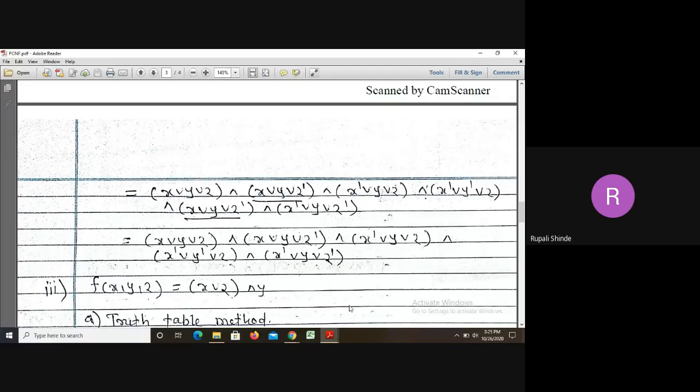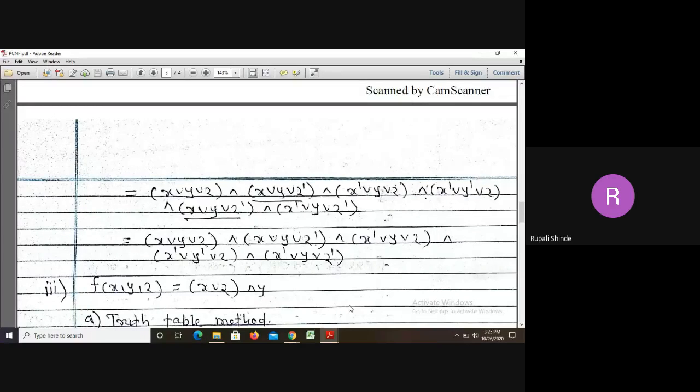For PCNF, if the variable is in its original form, then we assign its value as 0. And if there is a complement, then we take the value of that variable as 1.